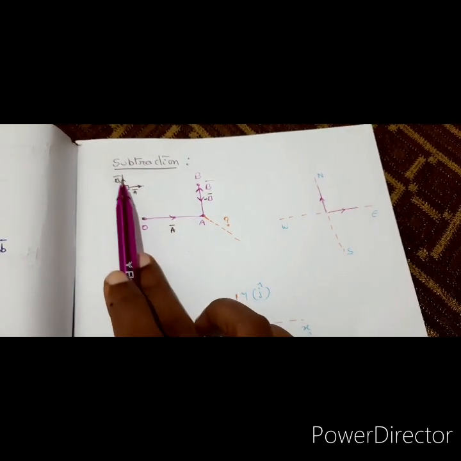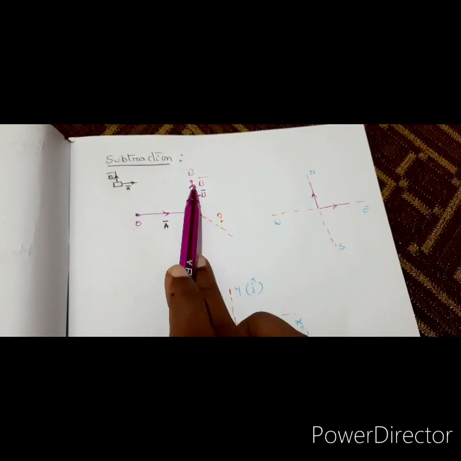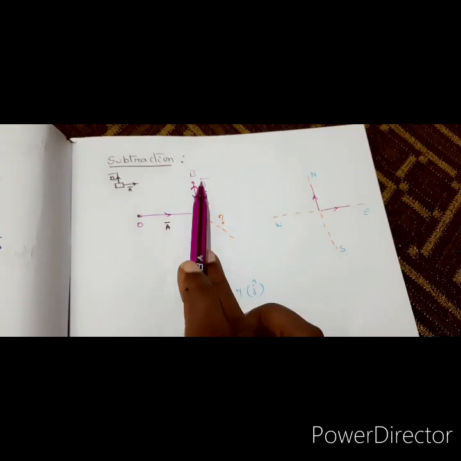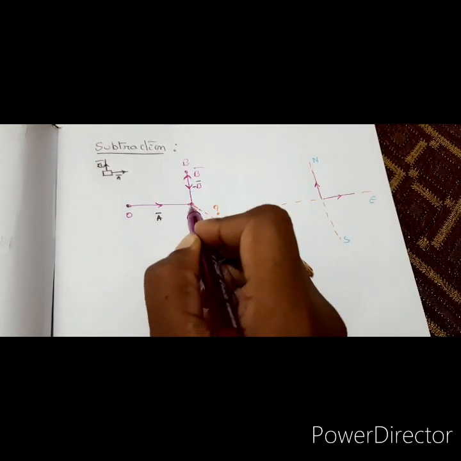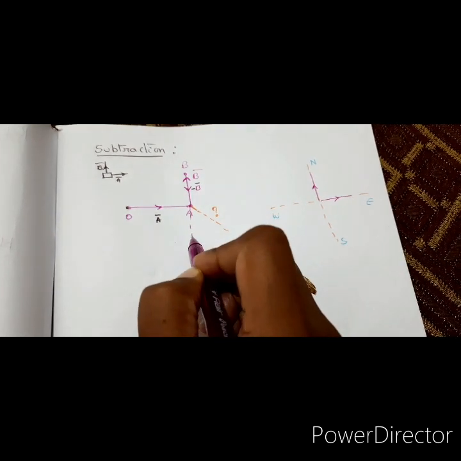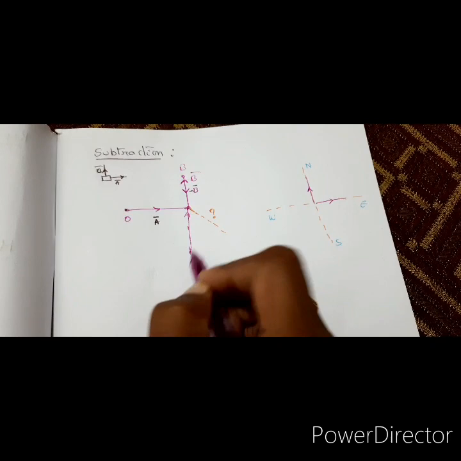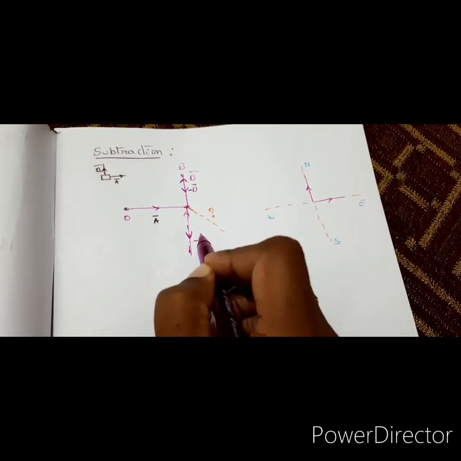A vector with the same magnitude but opposite direction. I'm just drawing another vector which is quite opposite to B bar. So let me draw it like this. So this is the negative vector. This is minus B bar.